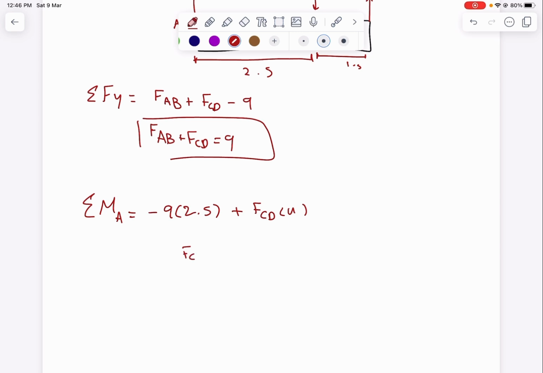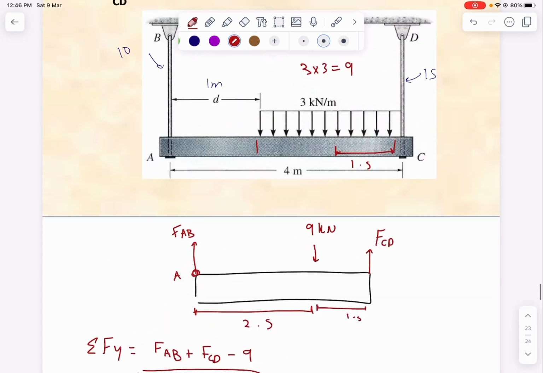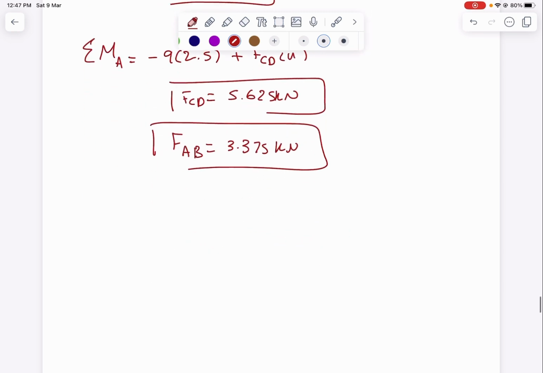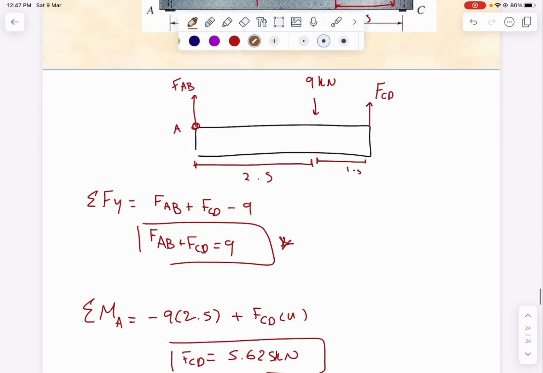So FCD is equal to 5.625 kilo newtons, and FAB is just 9 minus this answer from this equation, 3.375 kilo newtons. Now we've got to find the sigma in AB.